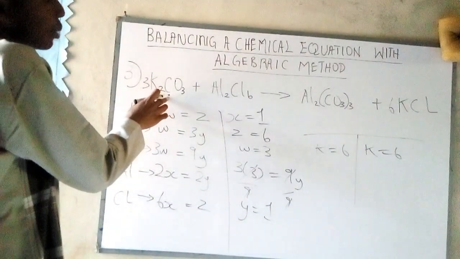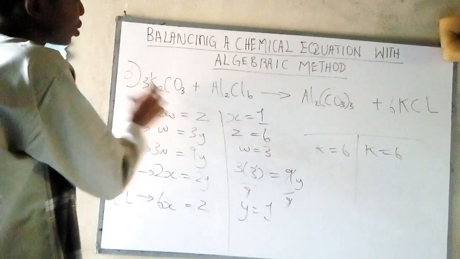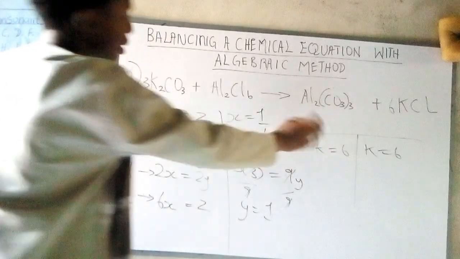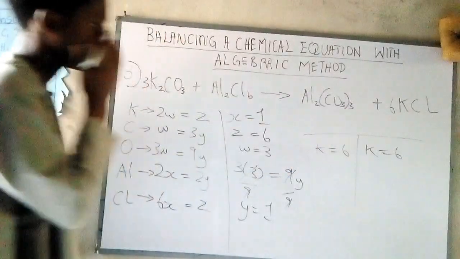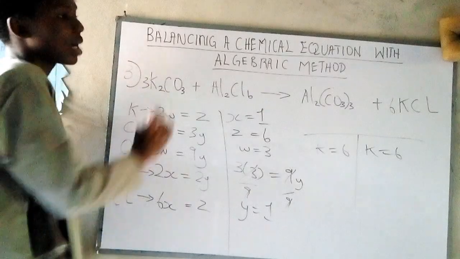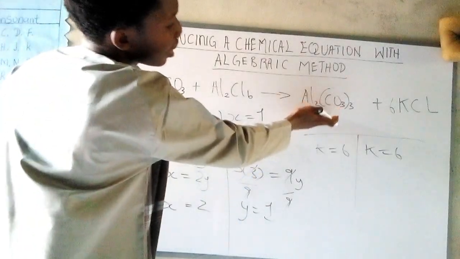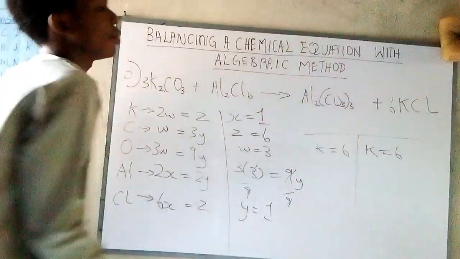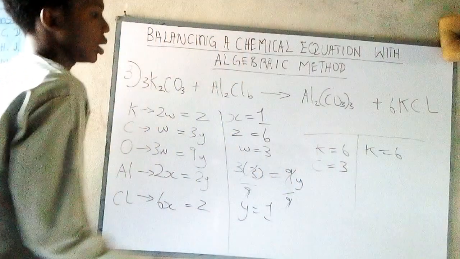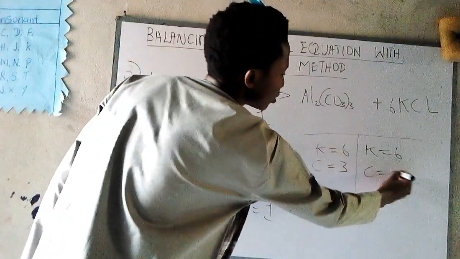Carbon is only 1 carbon here. Sorry, not 1 carbon, 3 carbon. And here, carbon is also 3. Do you know why carbon is 3 here? Because of the coefficient. This is affecting this carbon. So carbon is 3. And here, this bracket is also affecting carbon, making carbon 3.